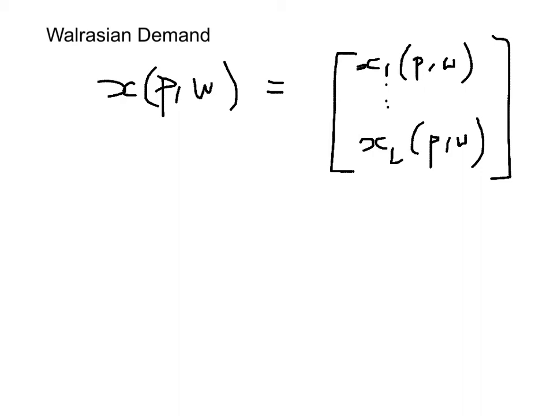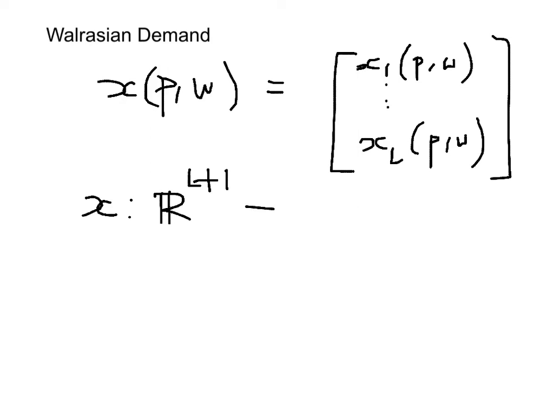Now this function is mapping from the Cartesian product R^(L+1). Why L plus 1? Well, we have L prices, right, because we have L commodities, and then we have the wealth amount.